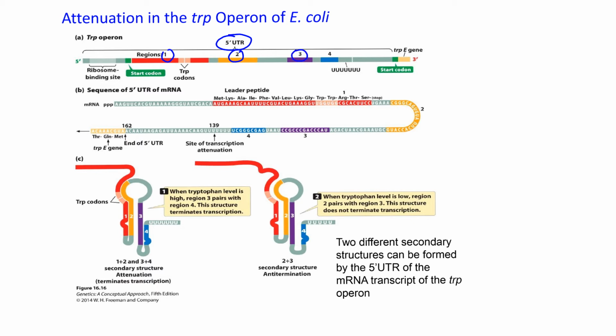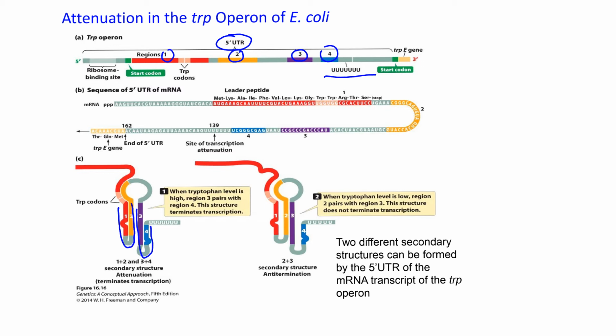So what does it mean? That regions 1 and 2 can form a hairpin, and regions 3 and 4 can form a hairpin. After region 4, there is a string of uracil. This string of uracil follows the 3-4 hairpin.